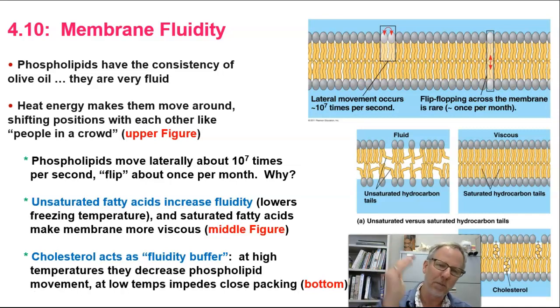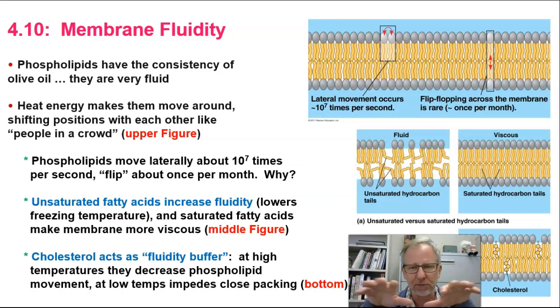And then finally on the bottom there, cholesterol acts as a fluidity buffer. So at high temperatures, cholesterol helps to decrease phospholipid movement, keeping the membrane more viscous. And at low temperatures, the cholesterol impedes or blocks the phospholipids from packing close together, like nudging close together.